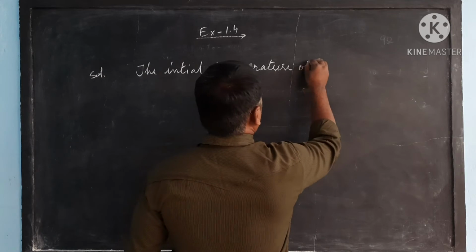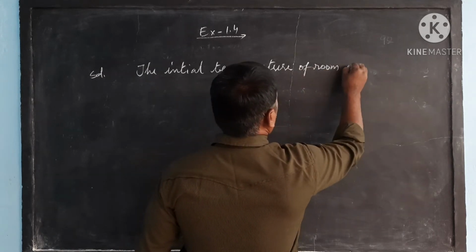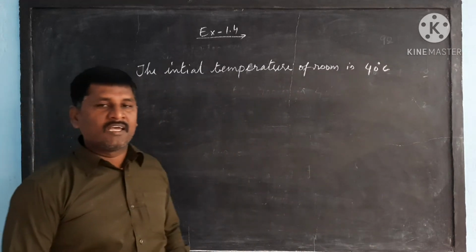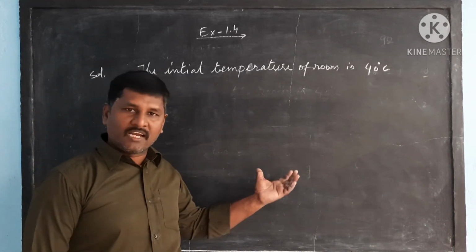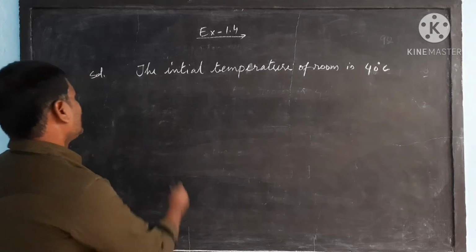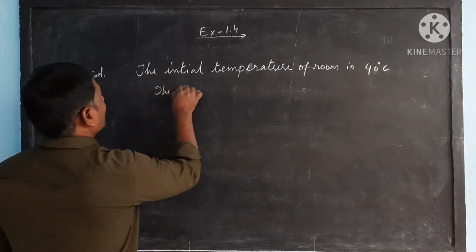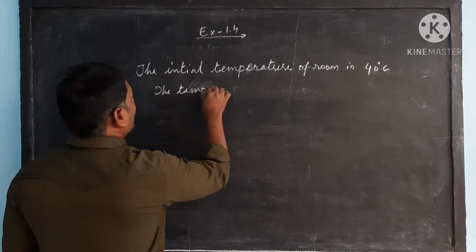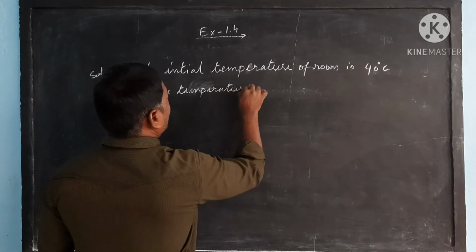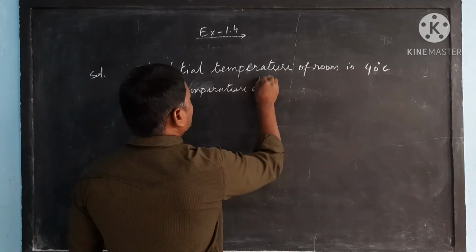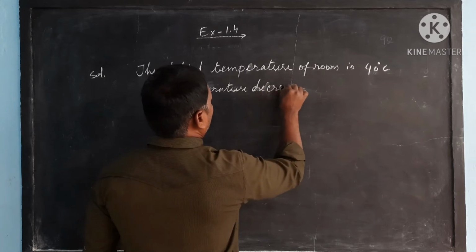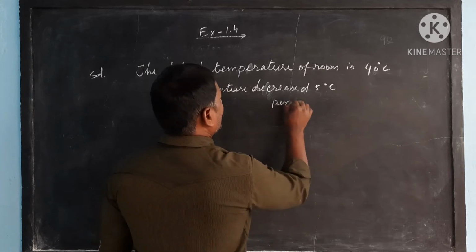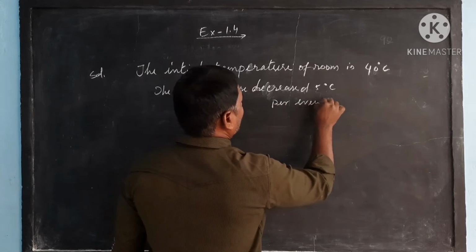Initial temperature of the room is 40 degrees Celsius, and it is asked that every hour the temperature reduces, I mean reduce means decrease, by 5 degrees Celsius.